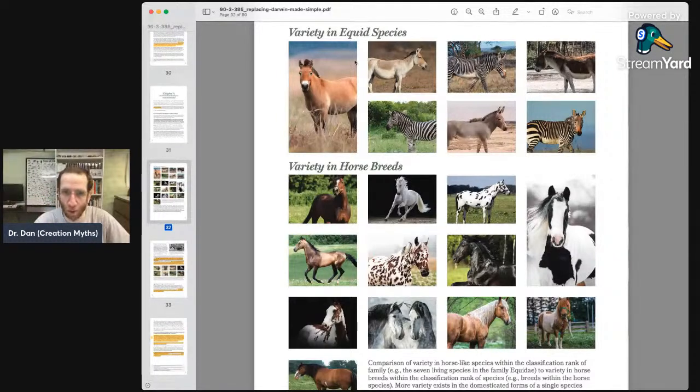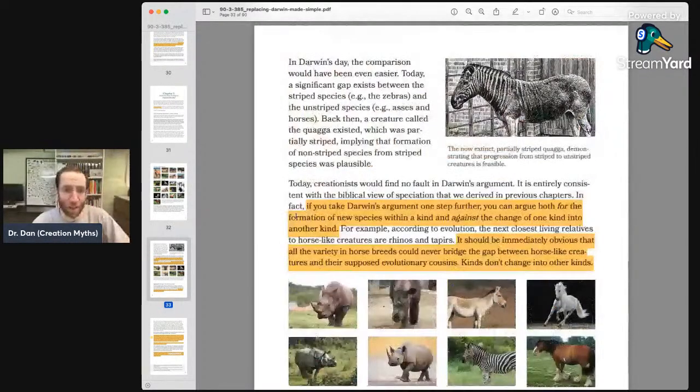He's saying, look, here's your typical equids, all your horses, this is what they look like. But within the horses, look at all this variation. This is a wider range of phenotypic variation than what you see in the equids as a whole. So let's follow this argument, because he does a bait and switch here that is infuriating. And as a reader, it should make you mad that he thinks this little of his audience.